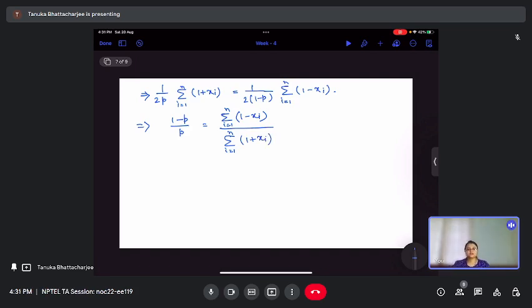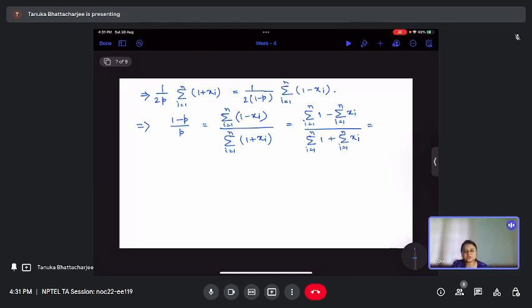So again, as in the previous problem, we can further simplify these summation terms. If we expand this, the first term is the summation of 1 over i equal to 1 to n.